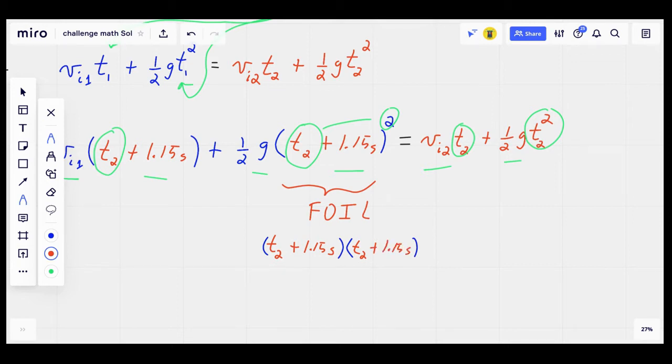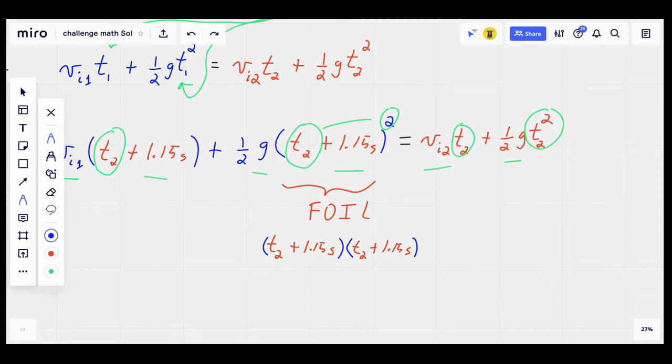So we're going to do the first, then the outside, inside, and last. I'm just going to write it out because I don't want to write out every single step here.